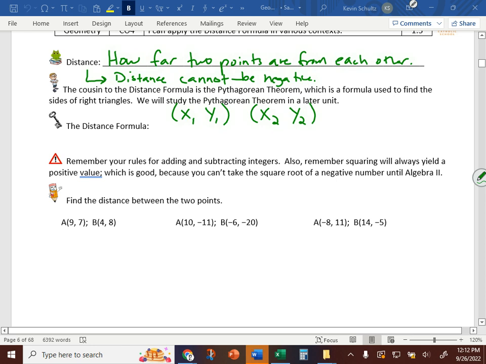The formula is the difference between your x values squared plus the difference of your y values squared, and then that value rooted. So the square root of (x2 minus x1) squared plus (y2 minus y1) squared.